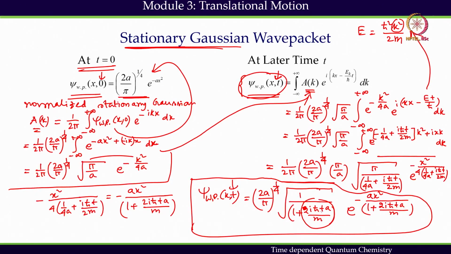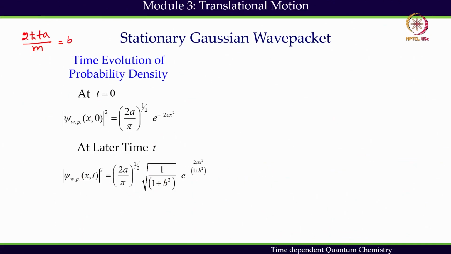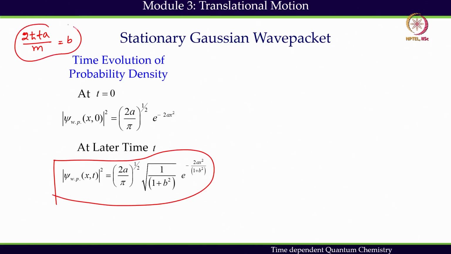So this part can be represented in terms of b. This part also can be represented in terms of b, and that's the representation we have.